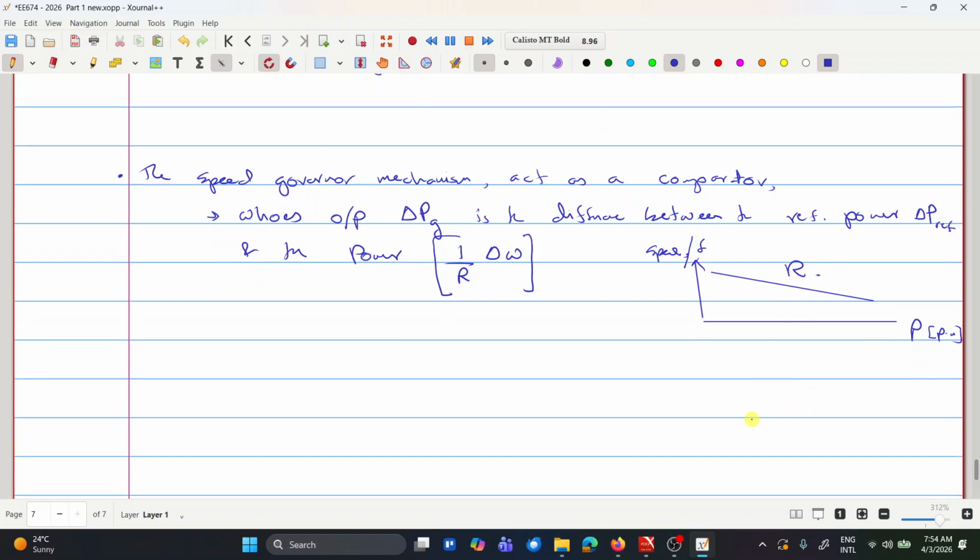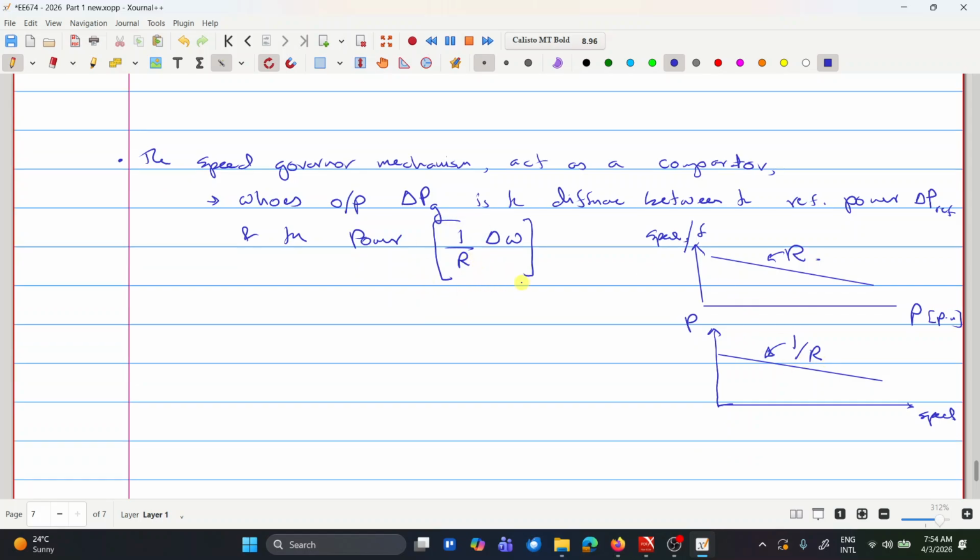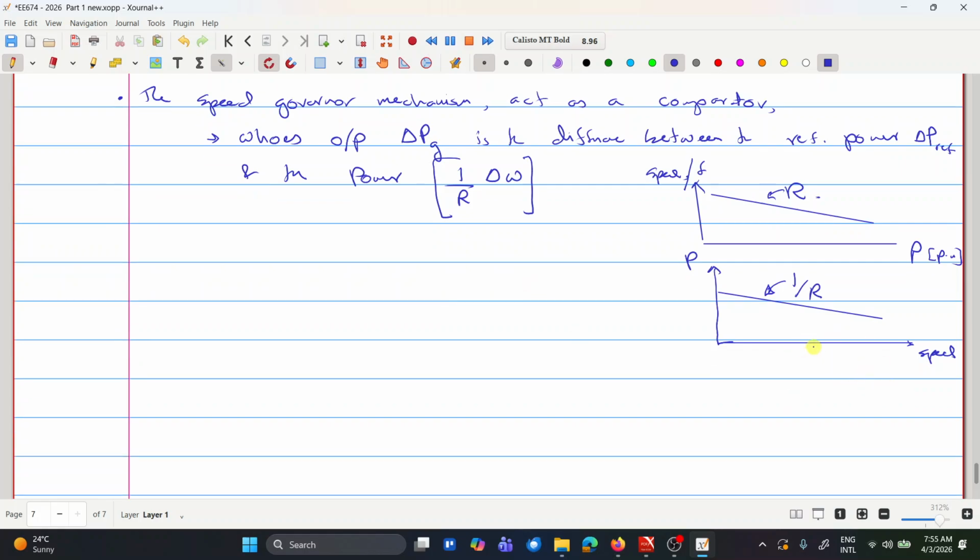So now depending on the speed or the frequency, the delta omega, you define what should be the power. That is given by 1 over R, this slope, called the 1 over R. So based on the speed that you are running, you can get the power.